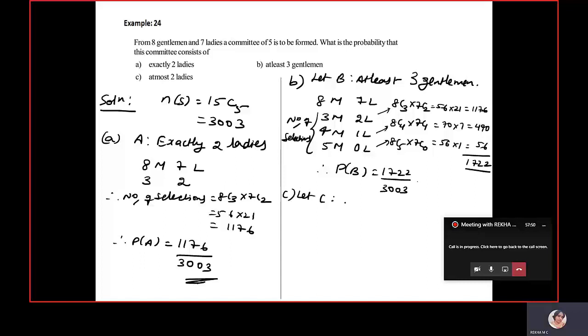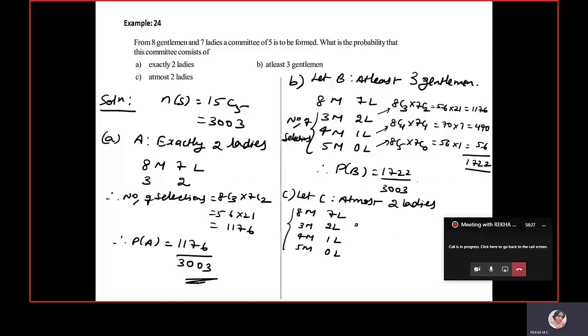Last subquestion C, let C be at most 2 ladies. So again same way, 8 men, 7 ladies. So 3 men, 2 ladies, at most 2, so 2, 1, 0. So 4 men, 1 lady, 5 men, 0 ladies. So it is the same number of selections, the same calculation. There is no change.